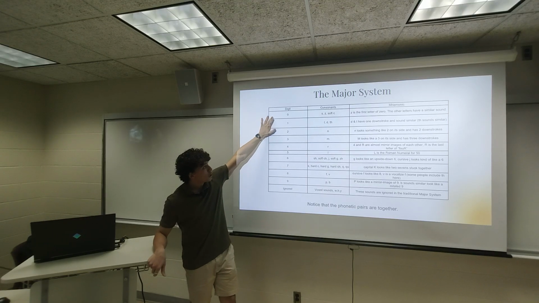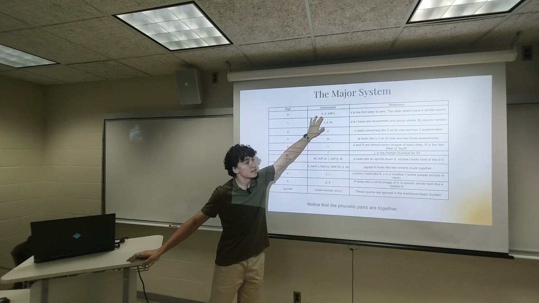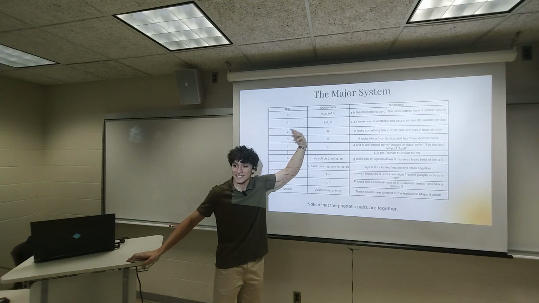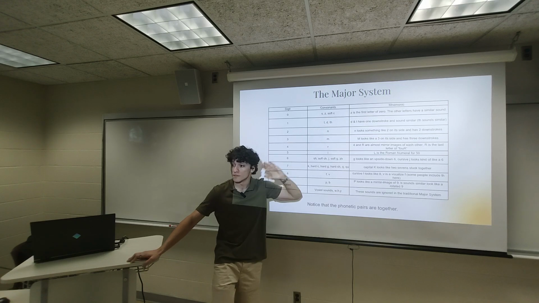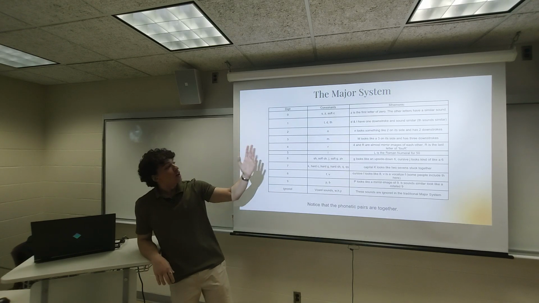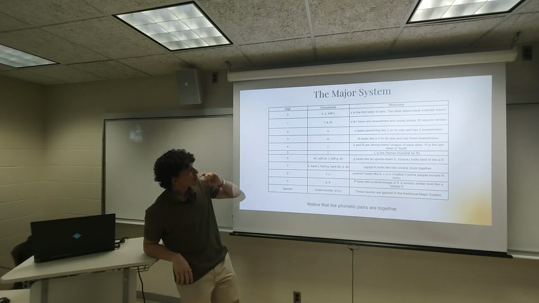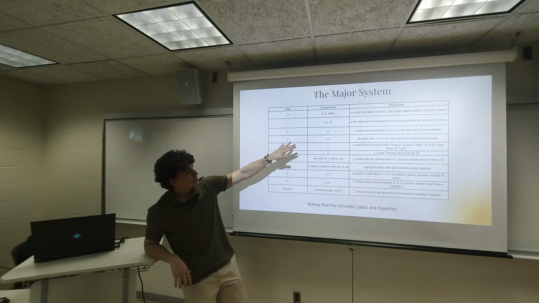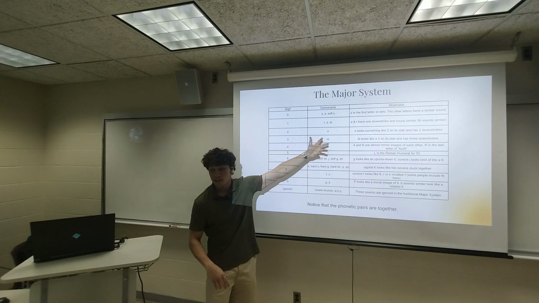So the digit 0 is represented by the sound s, or of s, se, si, so, anything like that. The sound of z, za, ze, zi, zo, zu. The soft c, which is pretty much the sound of s. As a mnemonic, you can use the fact that the z is the first letter of 0.